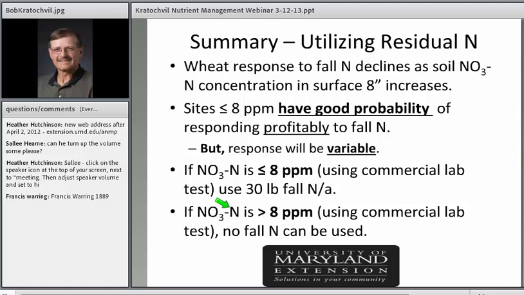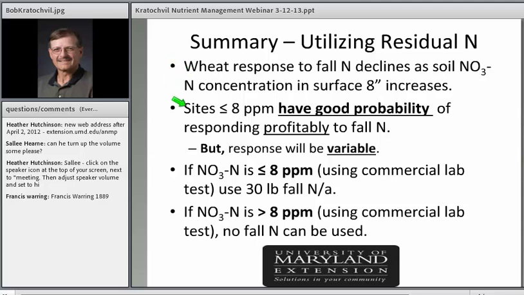All right, let's just summarize how you can utilize this residual N one more time. Now we've shown that there is a response to fall N by wheat as soil nitrate concentration in the surface 8 inches increases. The lower the nitrate concentration, the more likely you're going to have a response.